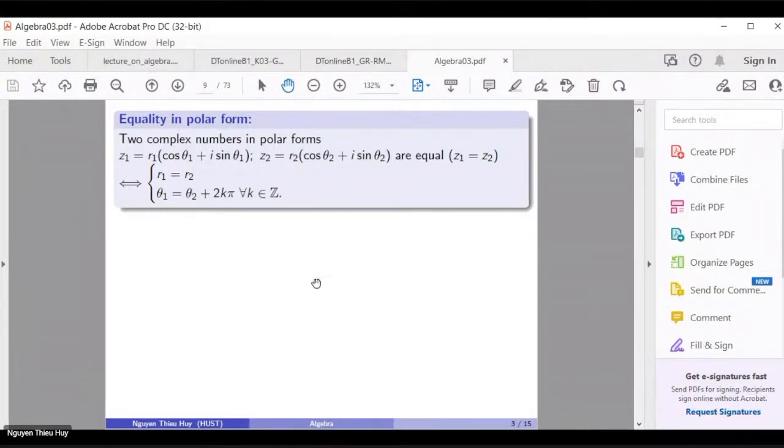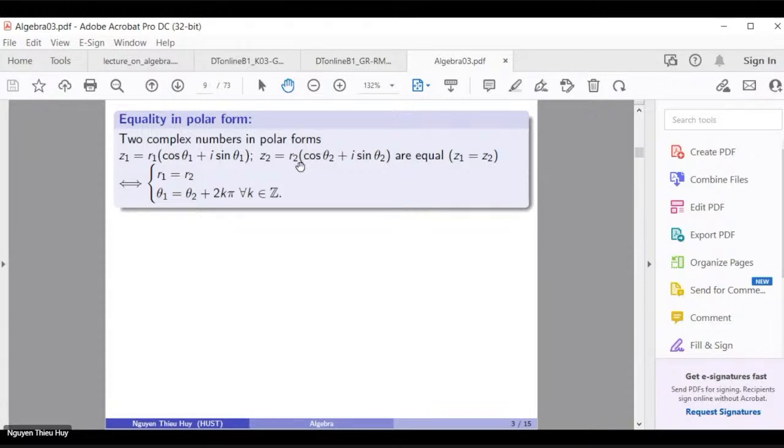Then we have the following situation. Of course, you see that we can always change complex numbers into the polar form. And z1 is r1 times cos theta 1 plus i sine theta 1. r1 is of course the modulus, which is the length of OM, and theta 1 is the argument.